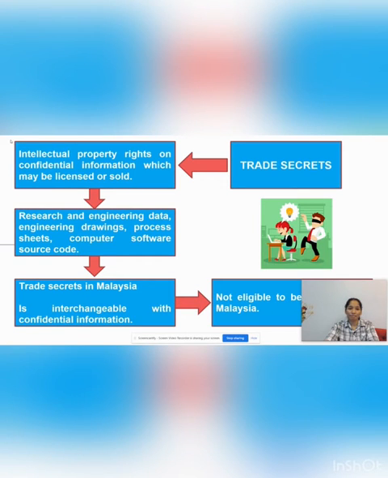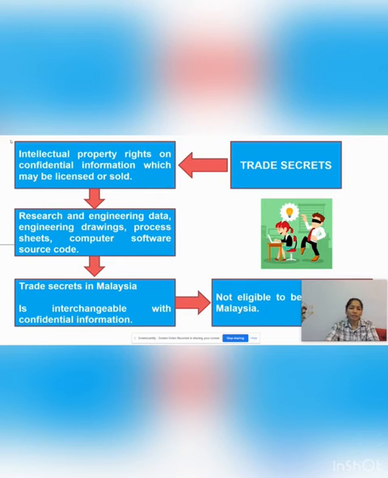Trade secret. Intellectual property right on confidential information which may be licensed or sold. Examples: research and engineering data, engineering drawings, process sheets, computer software code.